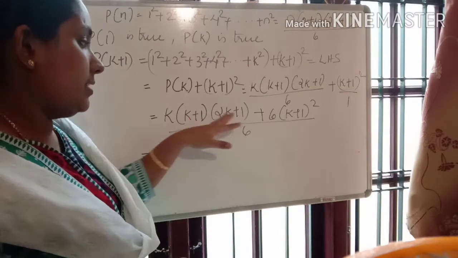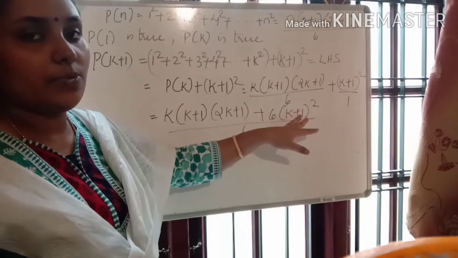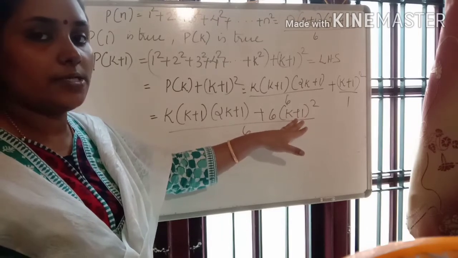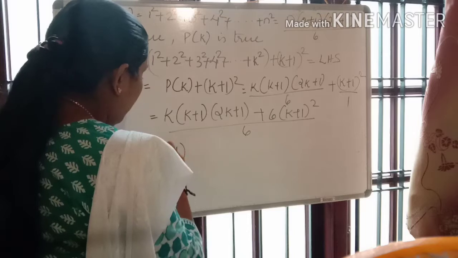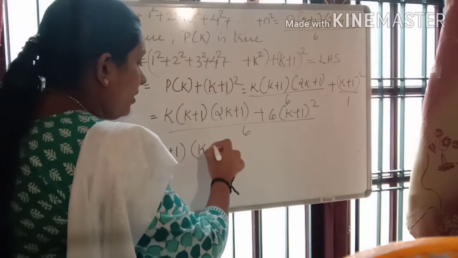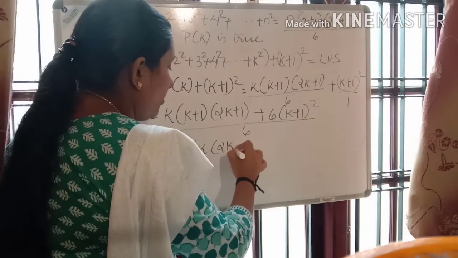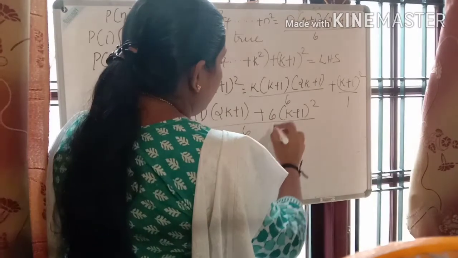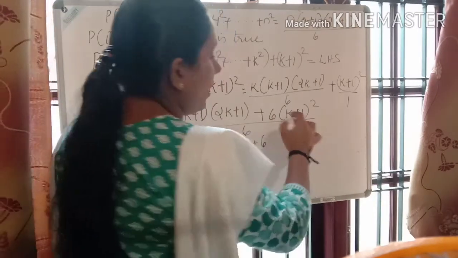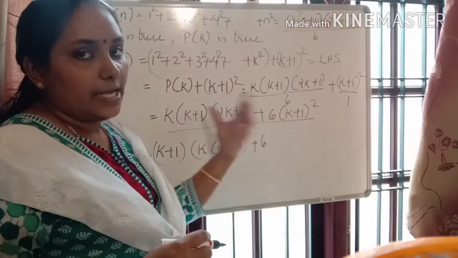We'll get, see, in this term and in this term K plus 1 is common. So we can take K plus 1 as common. K plus 1, remaining K into 2K plus 1, right? Here we'll get 6 into only 1, K plus 1 taken as common.